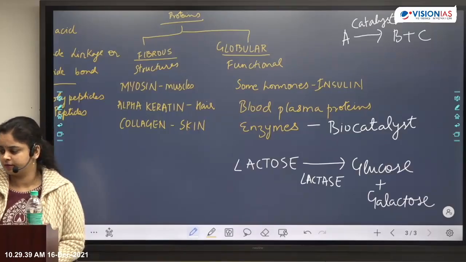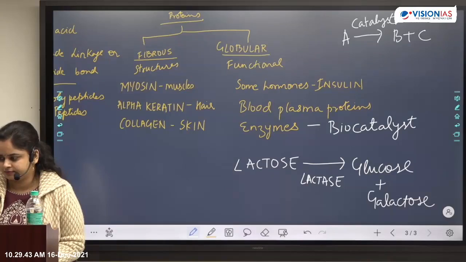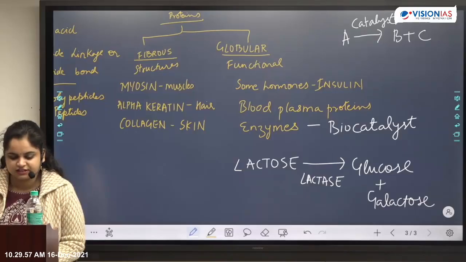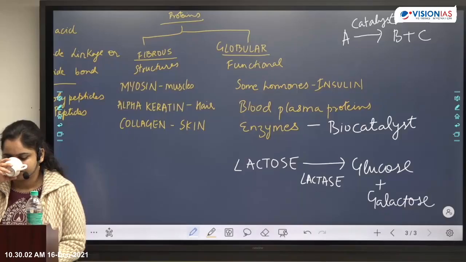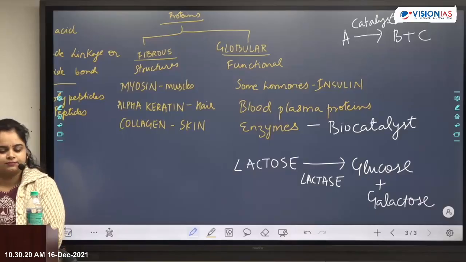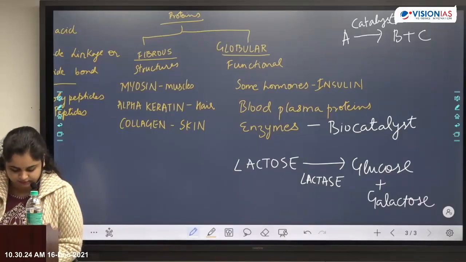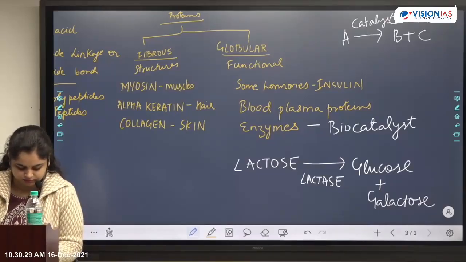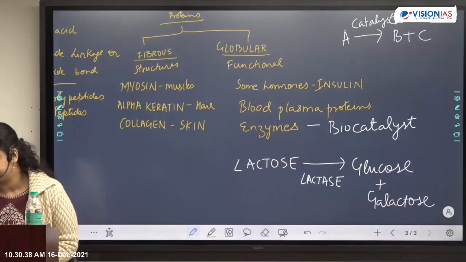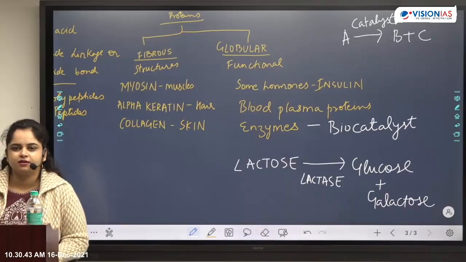Globular proteins are amino acid chains which are coiled around in spherical shape and perform different functions in the body.